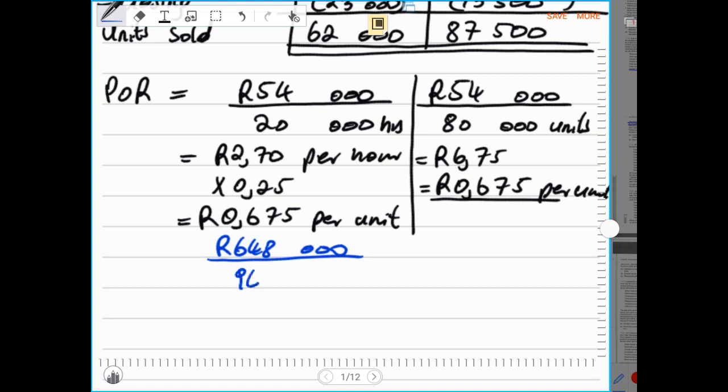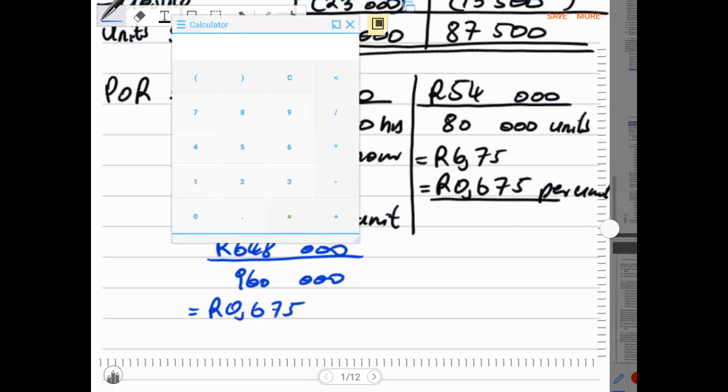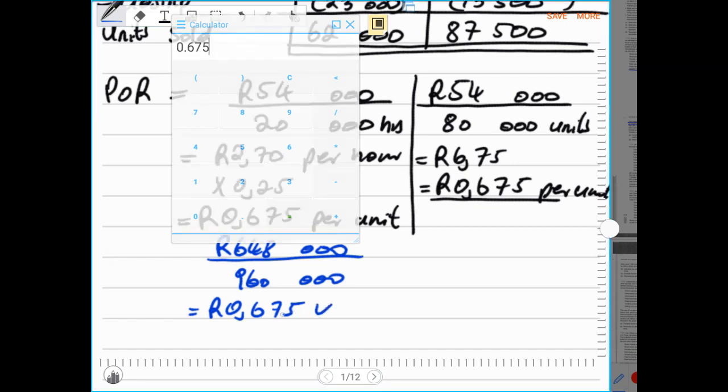Therefore, now you can just divide by 960,000, and it will give you straight 0.675. Let us also prove that: 648,000 divided by 960,000 units, and because we divided by the number of units, this will be per unit already.